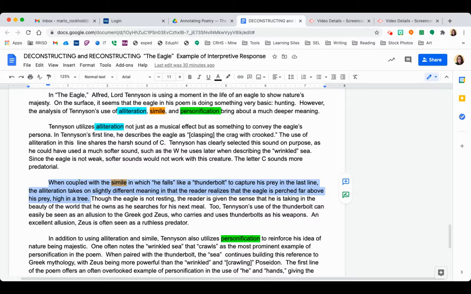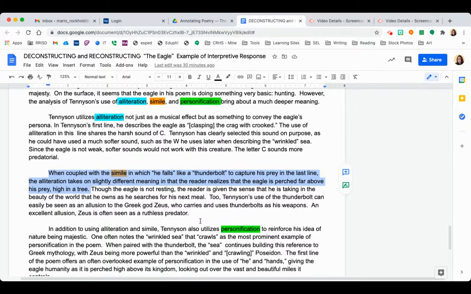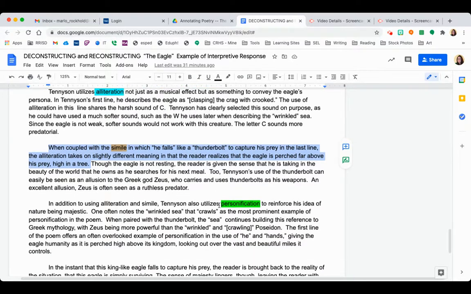"When coupled with the simile in which he falls like a thunderbolt to capture his prey in the last line, the alliteration takes on a slightly different meaning in that the reader realizes that the eagle is perched far above his prey, high in a tree." This is not the best topic sentence, but at least I know that I'm going to be talking about this exact simile within this paragraph.